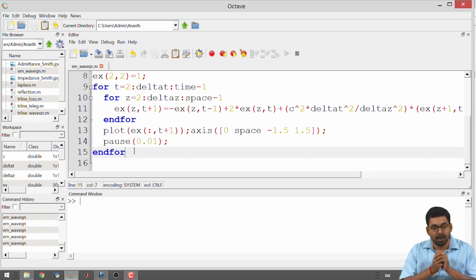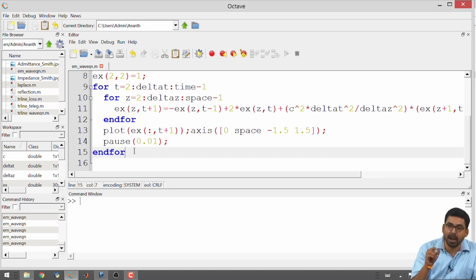One of the things that we notice here is that we are trying to calculate for all instants of time and for all points in space the value of Ex dictated by the wave equation, and there are 2 for loops. Generally, when you have large matrices, for loops are not encouraged, because you are manipulating only one value of the array at a time.